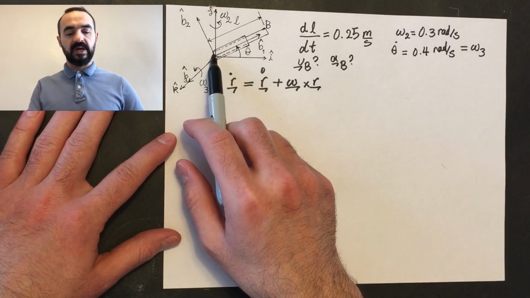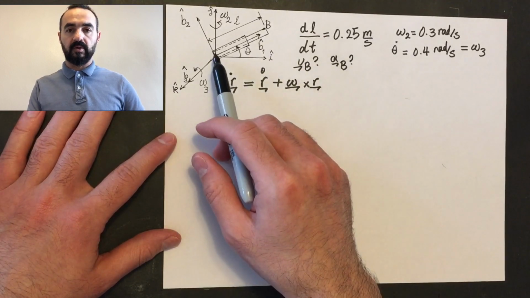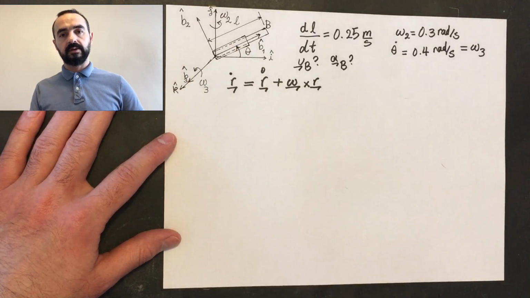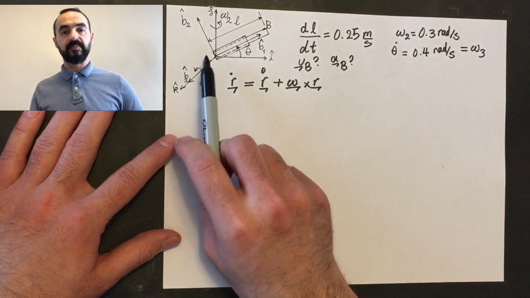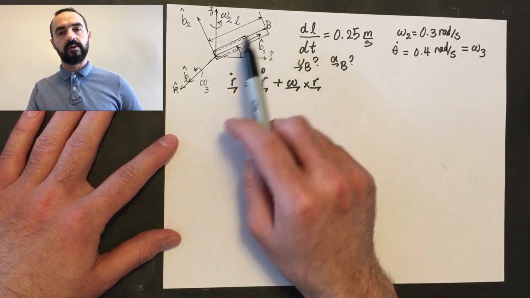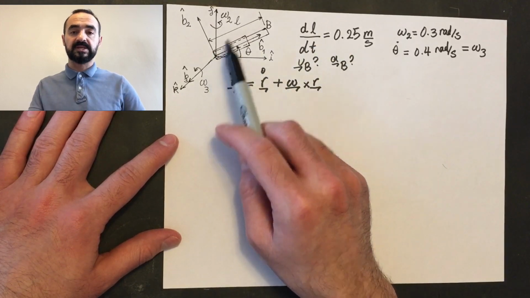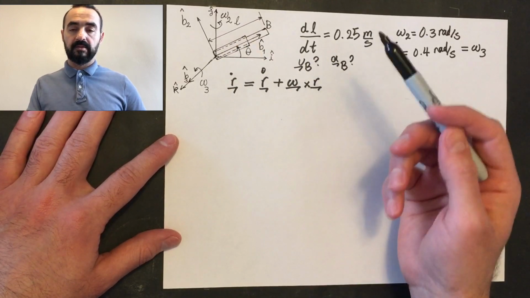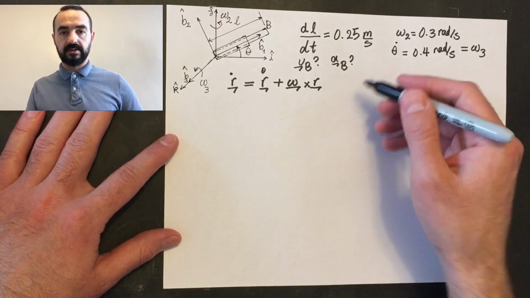Say I'm attaching myself to this point and watching point B. Because I'm attached to the body, I'm rotating with omega 2 and omega 3 as my angular velocities. So the only thing I see is how the distance of B with respect to myself changes, and that distance is defined by L. So the rate of change of that is my R circle.